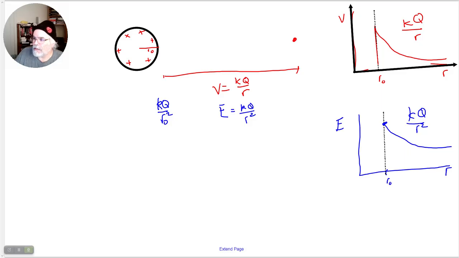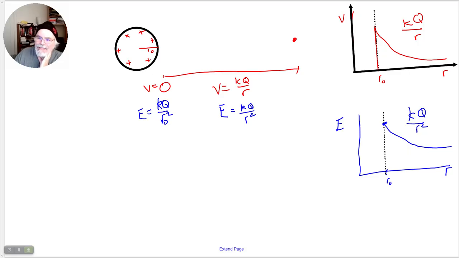I just want to make the axes, that way my pen is going to stand out when I draw. Okay, so there we go. So the potential of the surface drops to 0. All right. The field at the surface is KQ over R naught squared. And the potential is 0. 0 for the potential. KQ over R naught squared for the electric field.